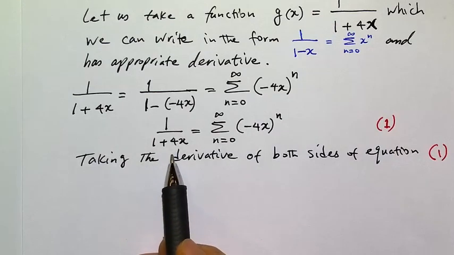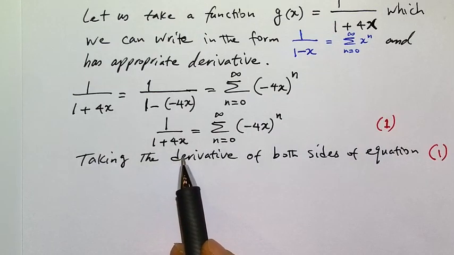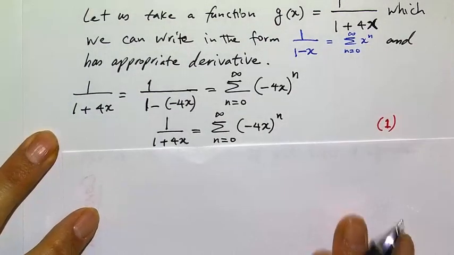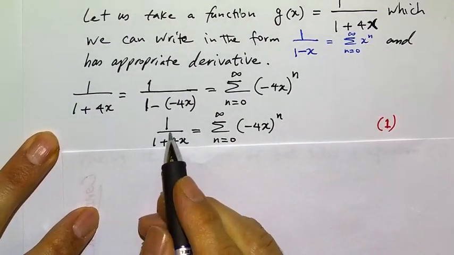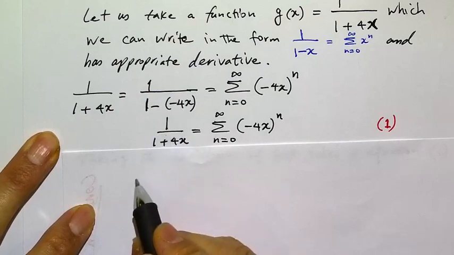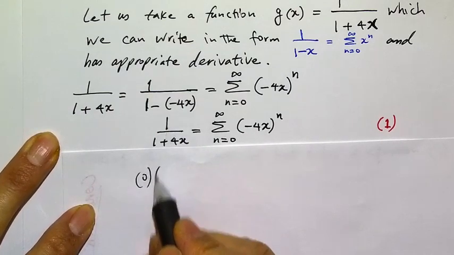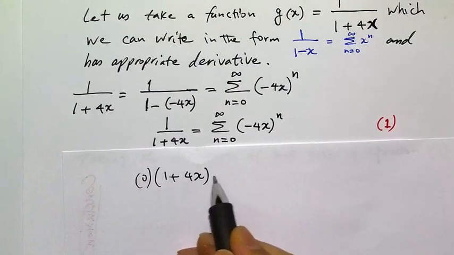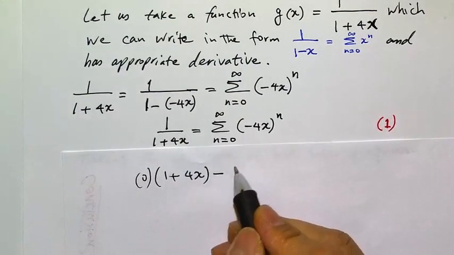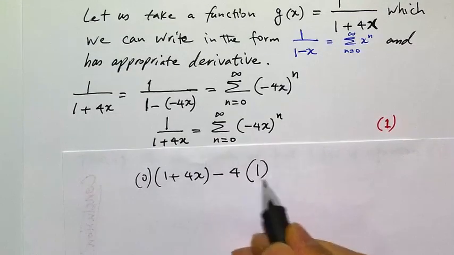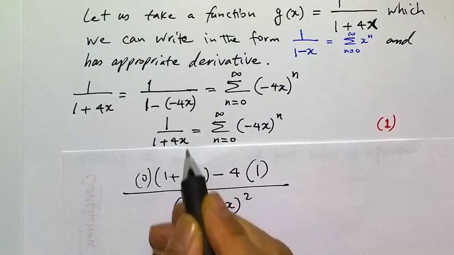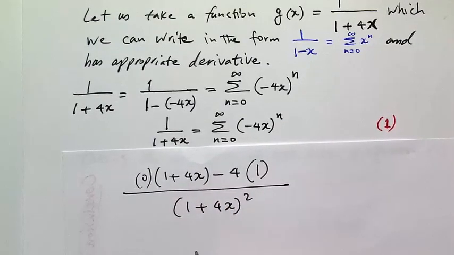we have, well, let me grab a scratch paper here. What do we end up with? We have the derivative of the numerator, 0, times 1 plus 4x, minus the derivative of the denominator, which is 4, times 1, divided by 1 plus 4x, or whatever the denominator is, squared, right?